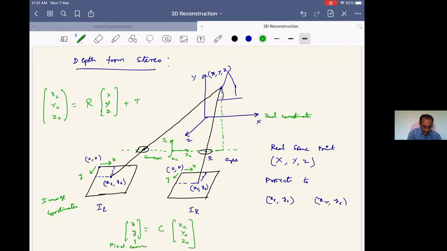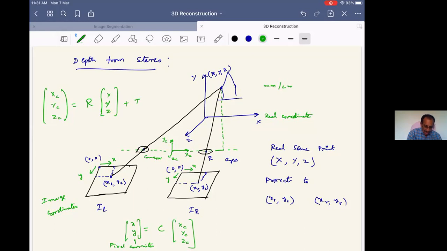Please note that in real coordinates, all the distances are in millimeters or centimeters, whereas in pixel coordinates, the information is in pixels. So there is a conversion factor that is usually required, based on the camera sensors: how much each pixel represents in real coordinates, how much a pixel sees in the real scene.